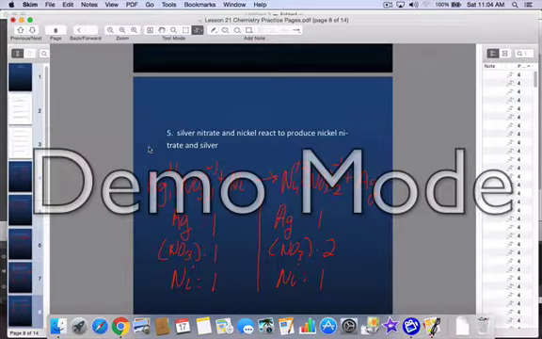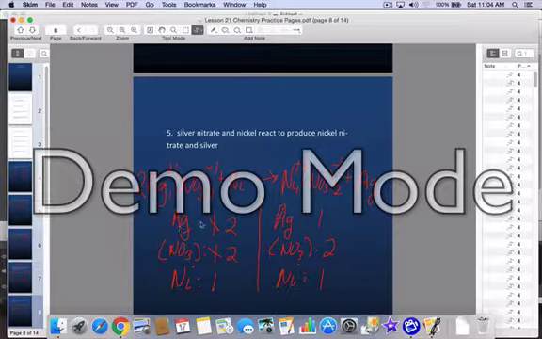If we put a coefficient of a 2 out here in front of the silver nitrate, that's going to change this silver to a 2, and it's also going to change my nitrate. We have 2 times the 1, so that's going to give us 2 nitrates now. Remember, it has nothing to do with the nickel though, because we've come to a plus sign. Every time you come to a plus or an arrow, the effect of the coefficient stops there.